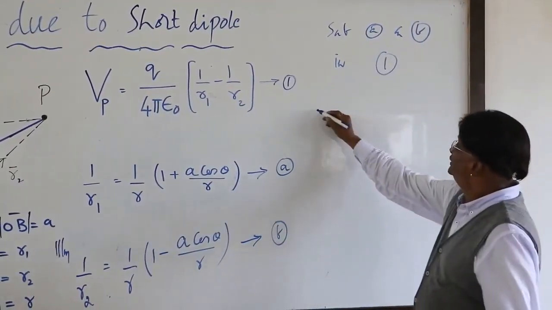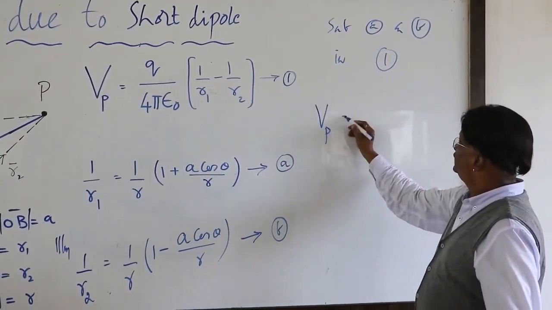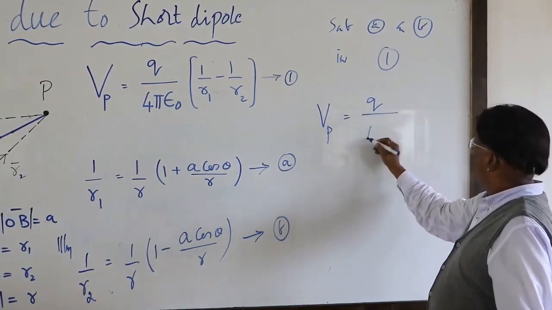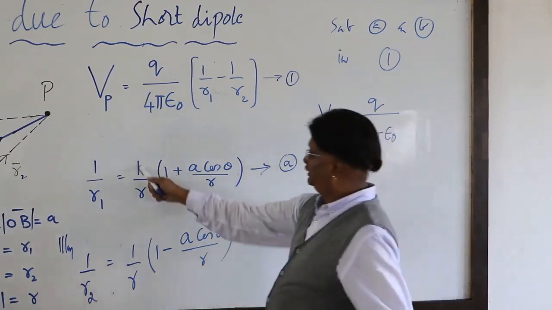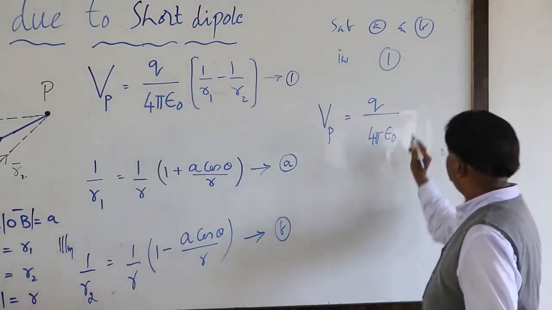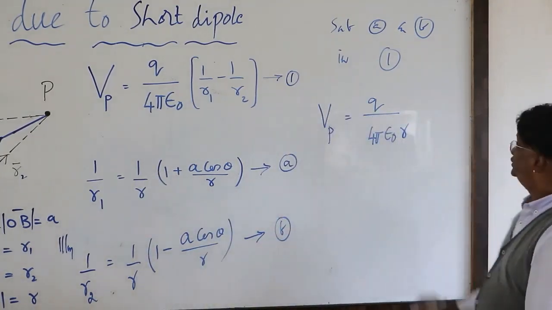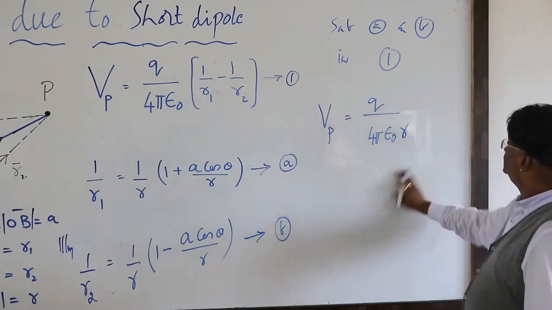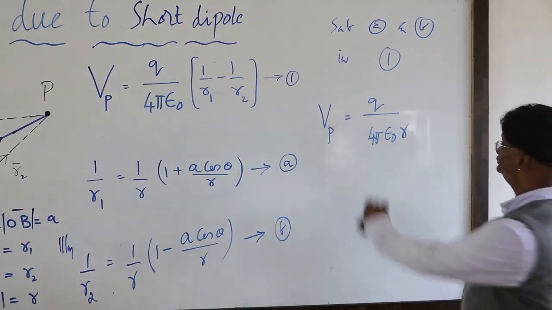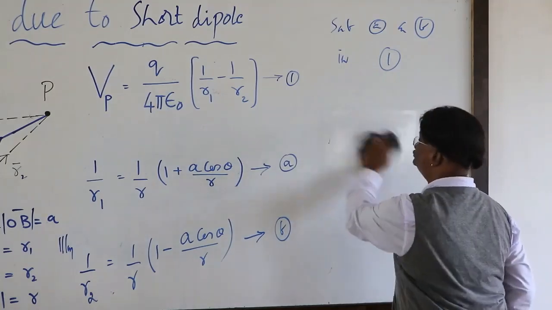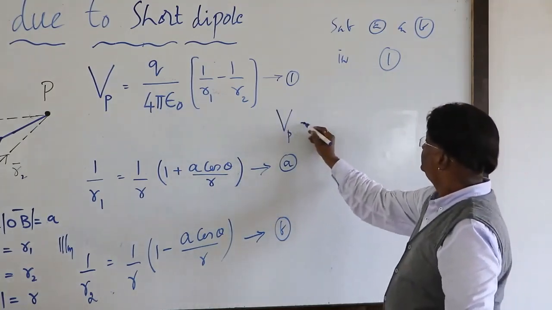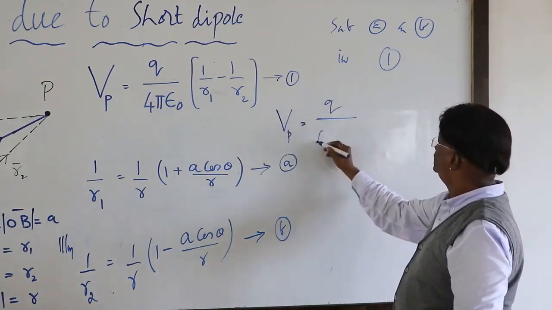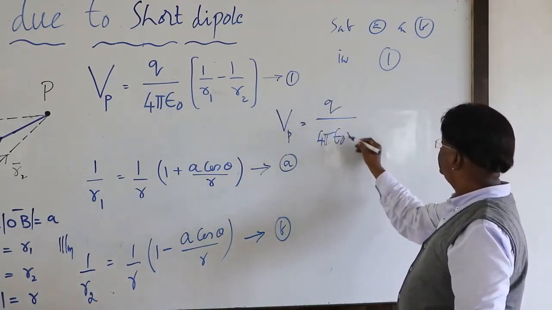So V at P is equal to Q upon 4 pi epsilon naught. Again the common term is 1 by r, so r is a common term and within the brackets, V at P is Q by 4 pi epsilon naught r.